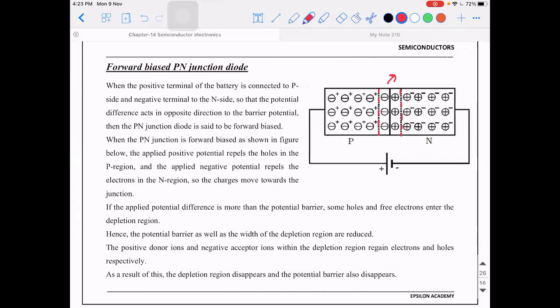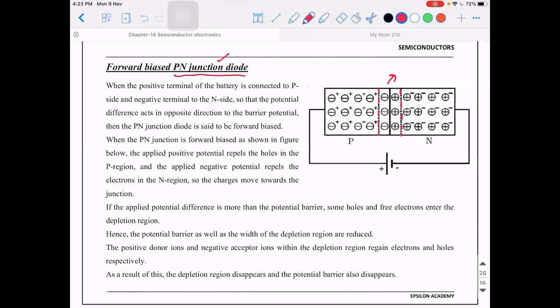Again, we need to speak mainly about conductivity, because the name itself says semiconductors, right? They have conductive property. Unlike conductors, the PN junction diode has two advantages.